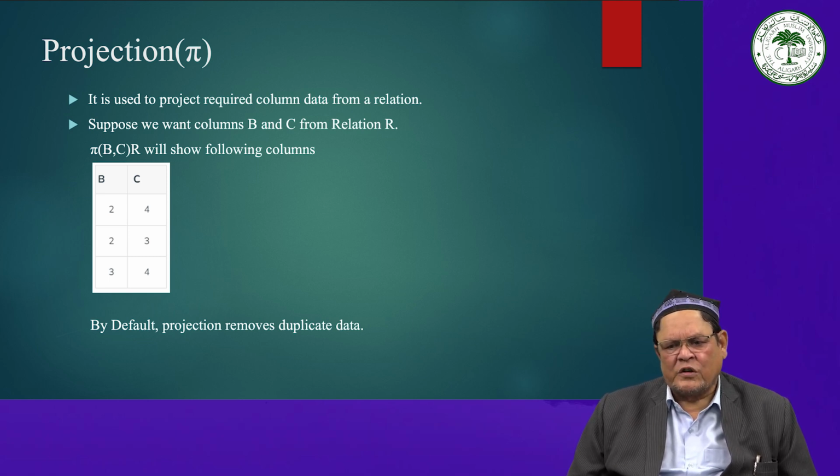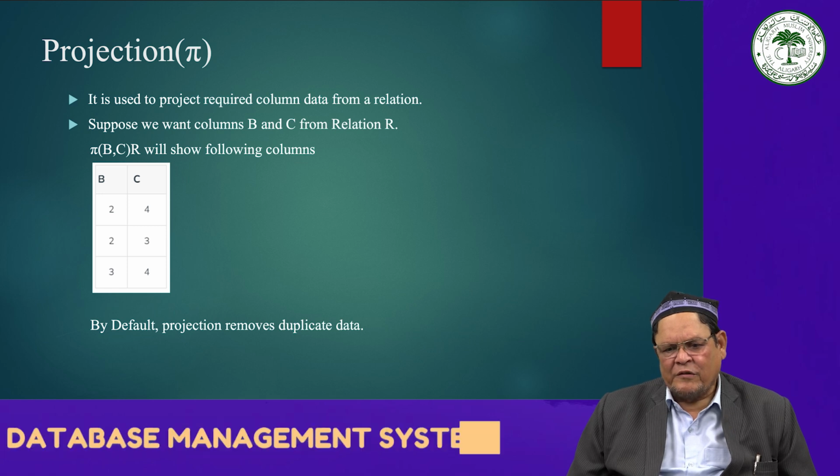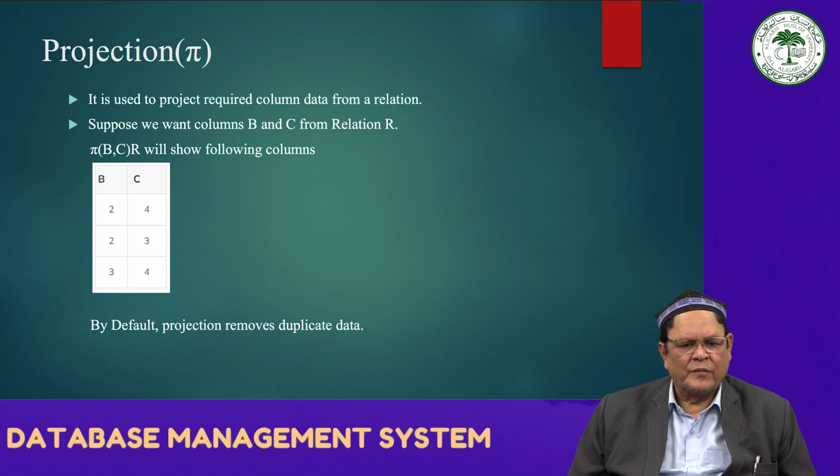It enables users to tailor query results to their specific needs, reducing data redundancy and improving query performance by limiting the amount of information processed. Additionally, projection facilitates data privacy by revealing only relevant attributes to users or applications.